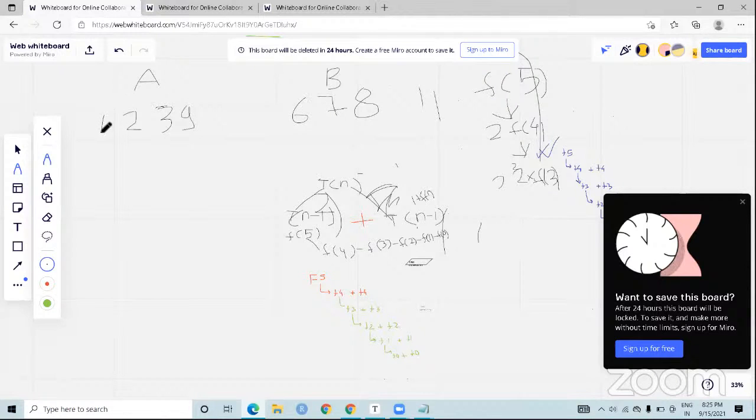If we compare 1 with 6, whichever is smaller, we will put in this list. Is 1 less than 6? Yes, 1 is less than 6, so we are putting 1 here. This way we are doing that.